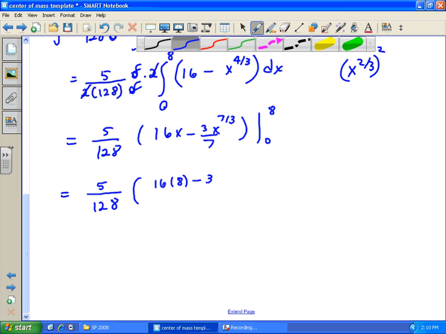Okay, what is 8 to the 7/3? First, take the cube root. The cube root of 8 is 2. And then basically it's going to be 2 to the 7th power, which I can simplify in my next step.